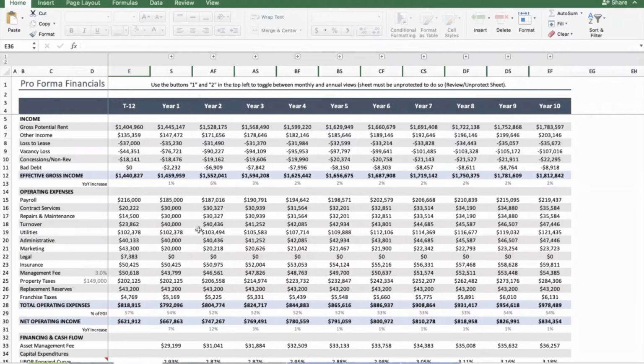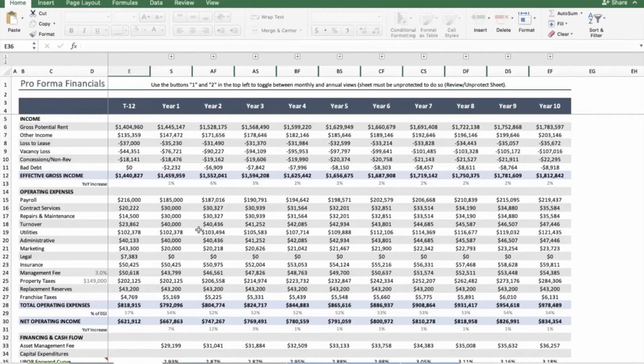Correct. And I think since we brought up interest-only payments, something really important is the debt service coverage ratio. This is important to lenders. This is important to investors. A debt service coverage ratio is your net operating income divided by your debt service. And debt service, as defined by everyone, is amortized debt.